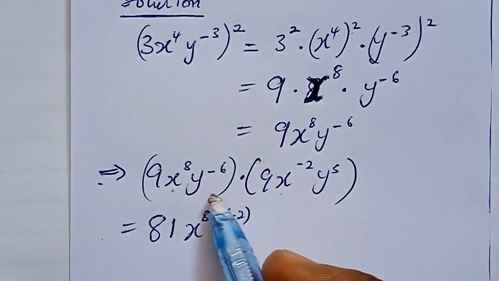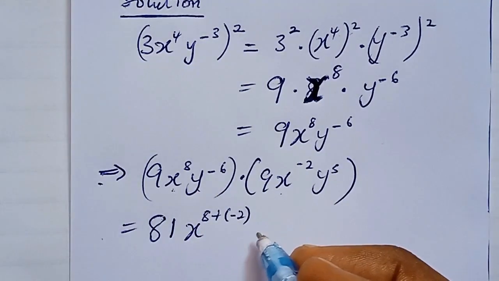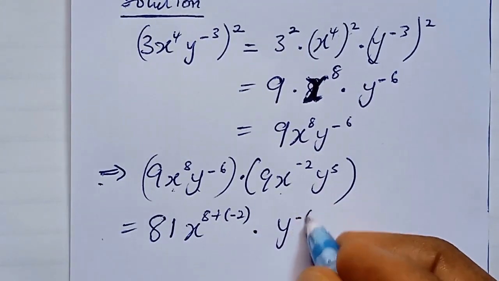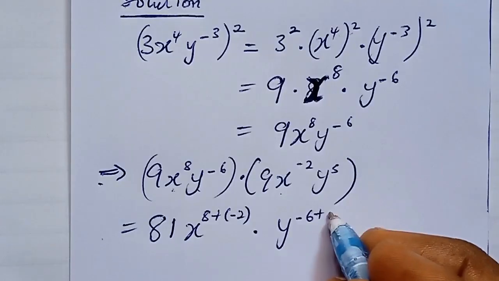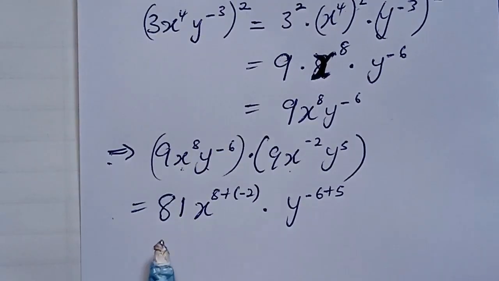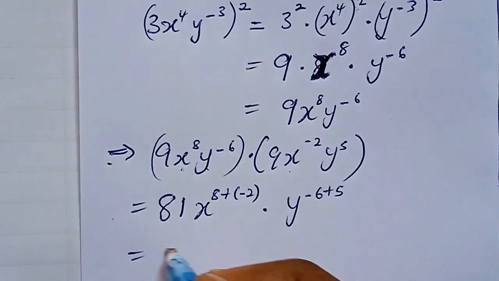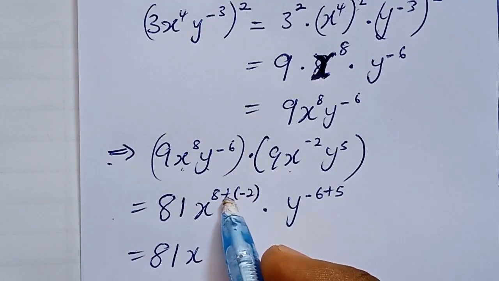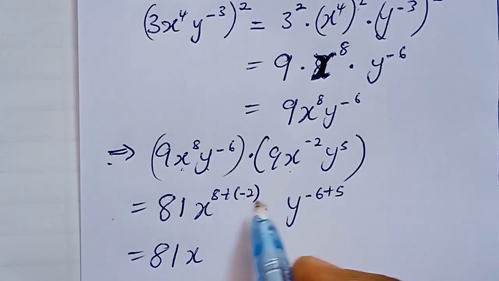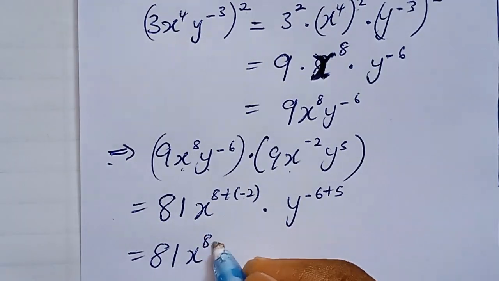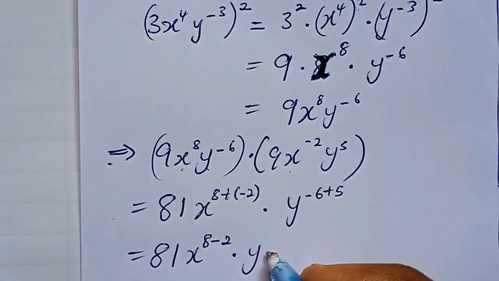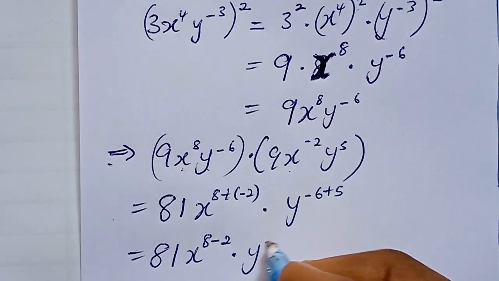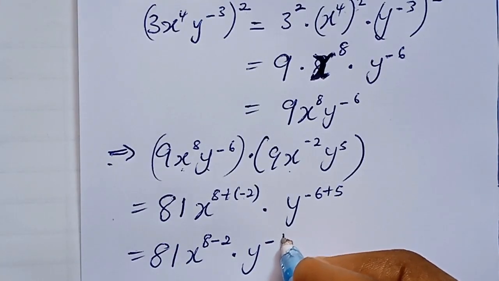Considering the same rule for y, that gives us y^(-6 plus 5). So we combine these together to have 81 x^(8 minus 2) y, then minus 6 plus 5 will give us minus 1.